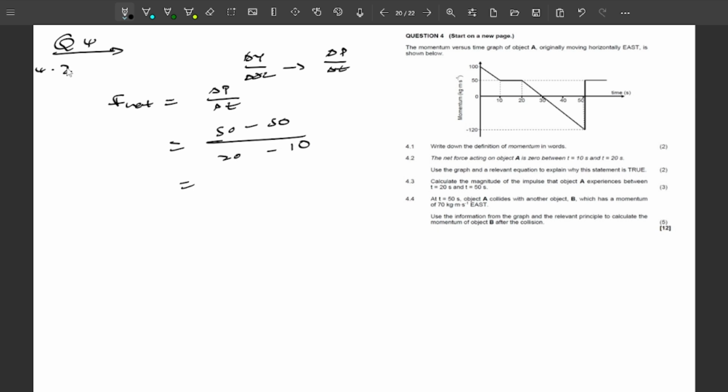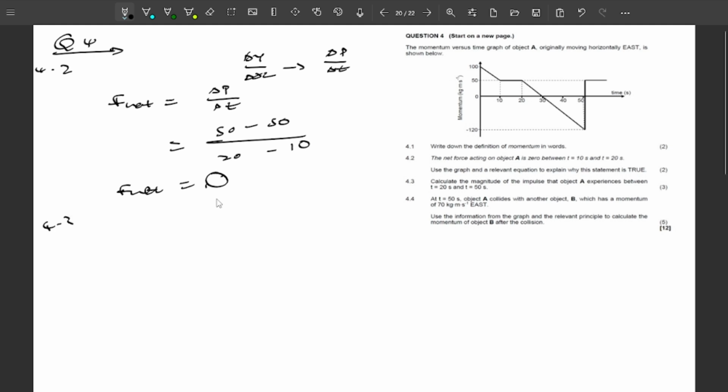It's 0. So therefore the F net is 0. This is the way that you can explain it to answer this question. You have to know that the gradient is the F net. Good.